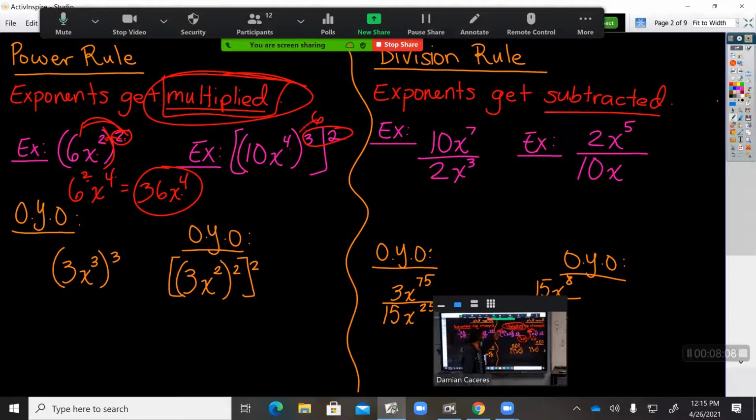Now that is what gets multiplied to the 4 and to the imaginary 1 on the 10. So what's my answer going to be? 10 to the 6th power, because 6 times 1 is 6, and x to the 24th power, because 6 times 4 is 24. Now, 10 to the 6th power is 10 million.